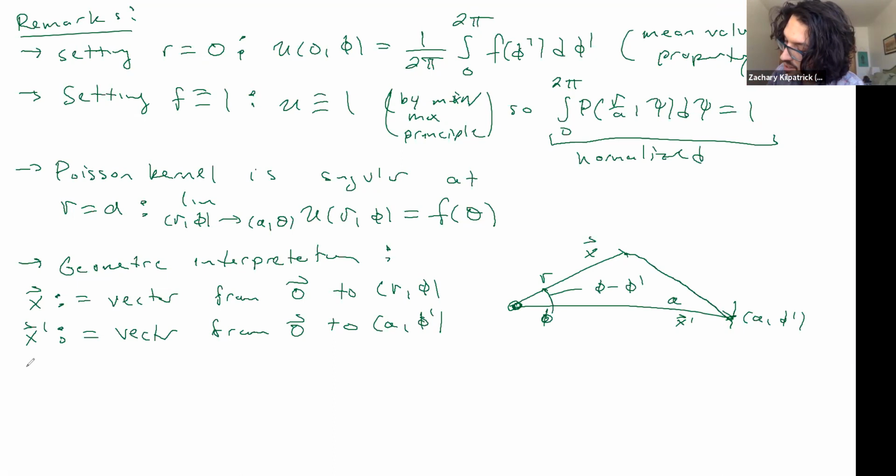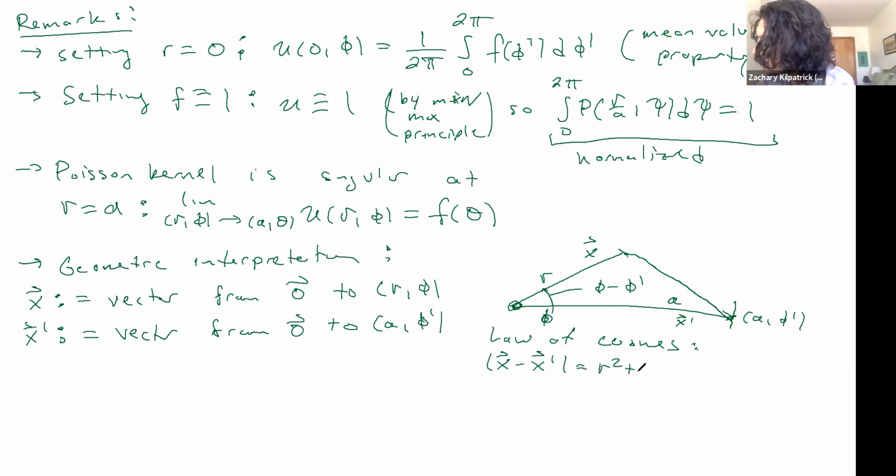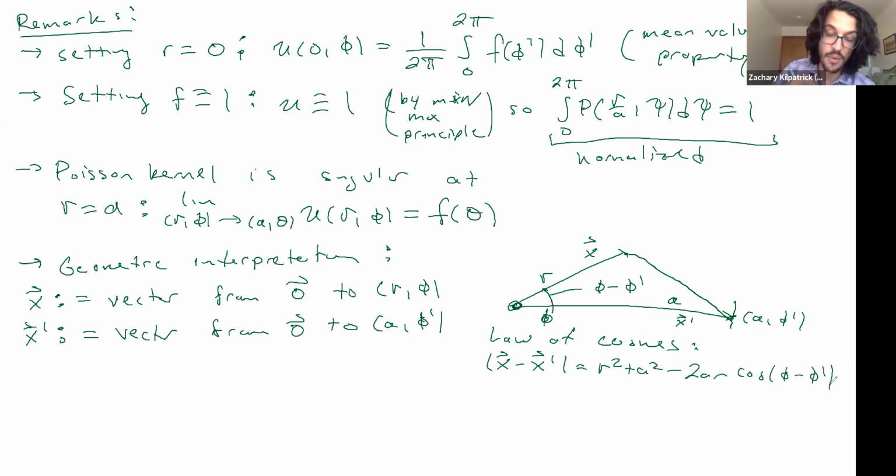And essentially the law of cosines, so like exactly what you're saying there, Kyle, is that |x minus x prime| squared is equal to r squared plus a squared minus 2ar cosine of phi minus phi prime. Okay, so if you had this sort of geometric intuition, you can get this rule this way.